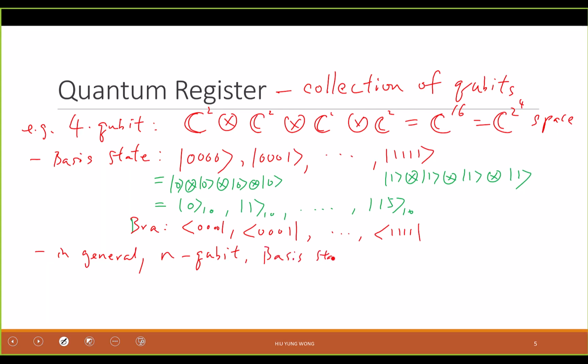We talked about that already. They are from 0, 1, 2, all the way to 2 to the power n minus 1.